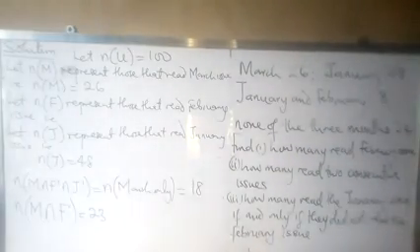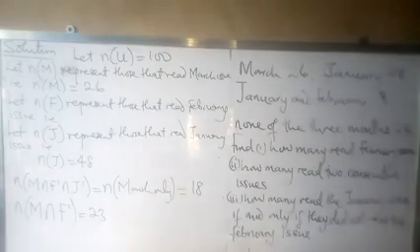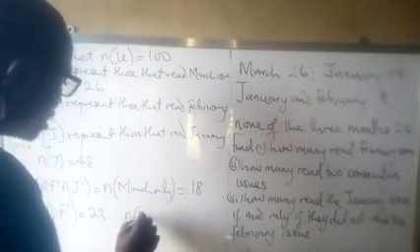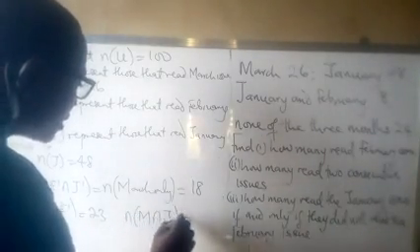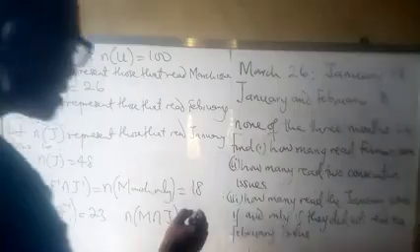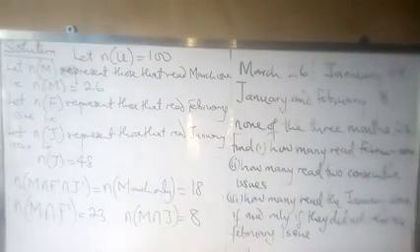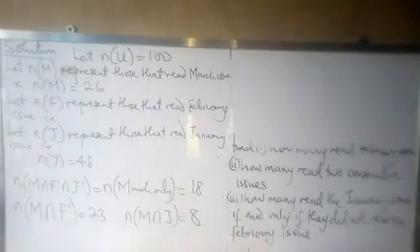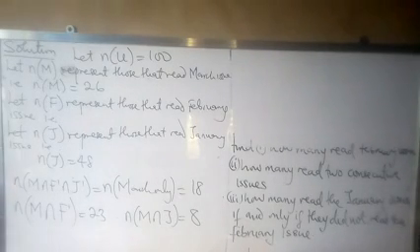What next? We are equally given March and January: March intersection January is given to be 8. What other ones are we given? Let's look at the question. We are equally given those that did not read any of the 3 months.